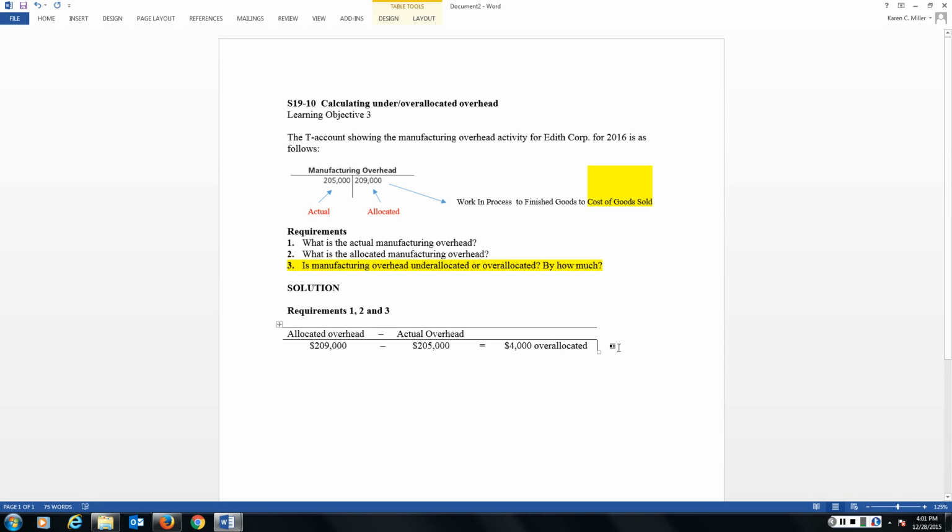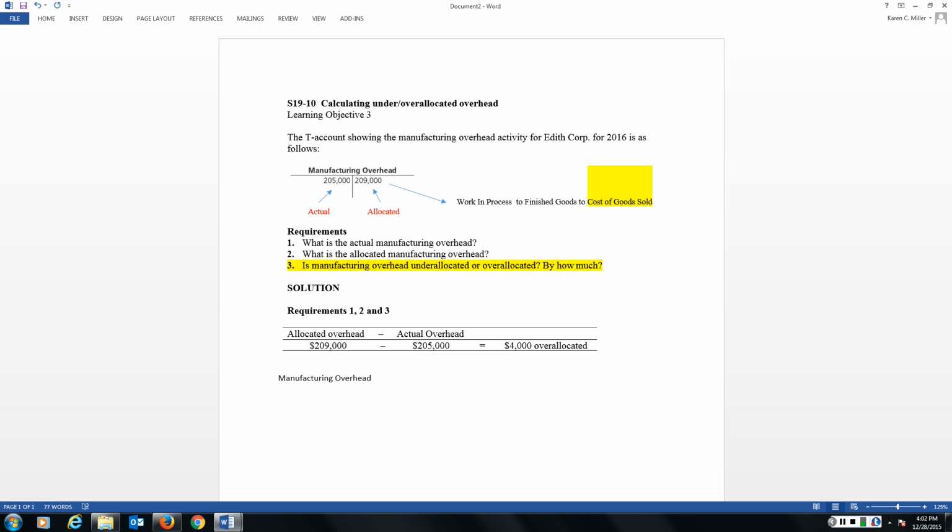And what am I going to do to correct that? If you'll remember from the illustrations in the text, I've put $4,000 too much into cost of goods sold. So I have to reduce cost of goods sold. Also, I need this account to be zero. In order to get this account to zero, I have $4,000 too much in the credit side. So I need to debit manufacturing overhead.